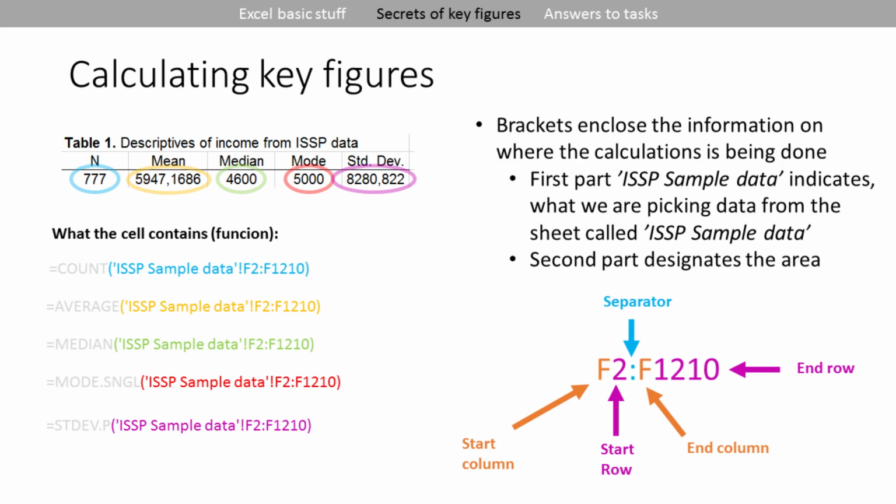You have the starting column and start row, and then you have the end column and end row. It indicates the area we are working with, and it's separated by the separator there. So it's quite straightforward. It's column F, row 2, and it always goes down to column F, row 1210. So the column remains the same in this particular example, but we go a ton of rows, and all that area is being selected.